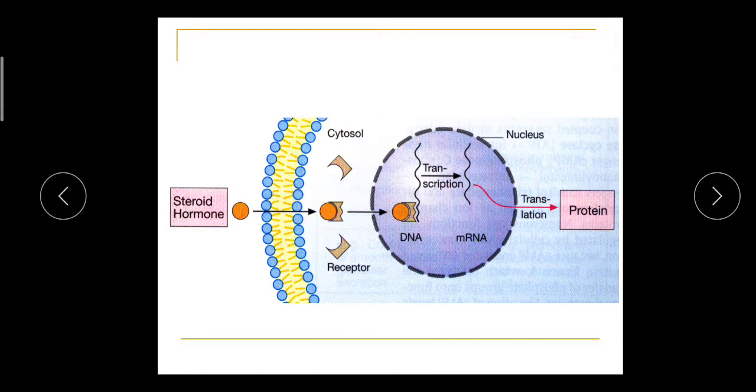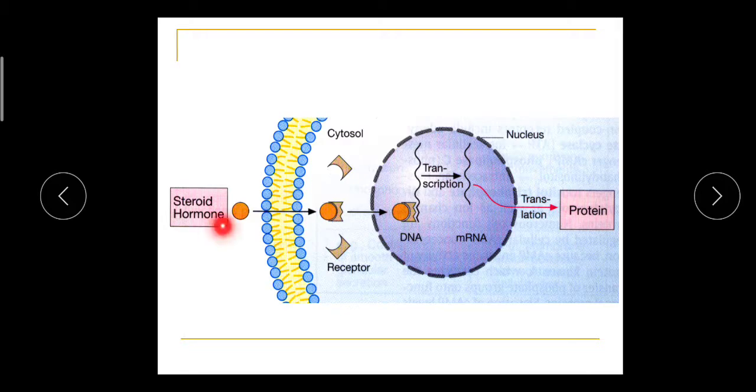Now we move toward the next part, that is the general mechanism of action of steroid hormones or steroid drugs. Now steroid hormones, which are liberated or secreted by the cortex of the adrenal gland, are transported into the blood stream.